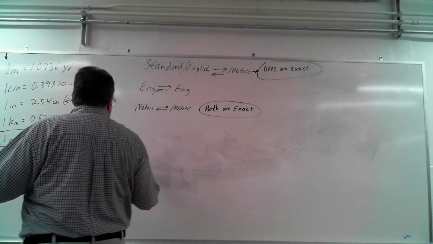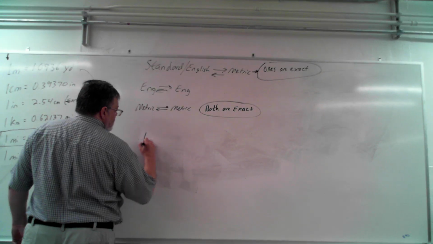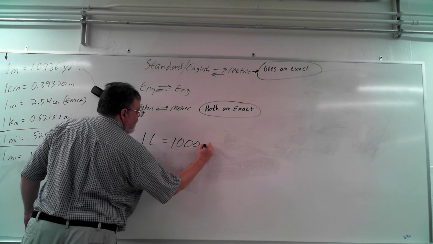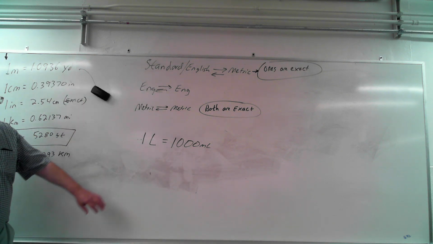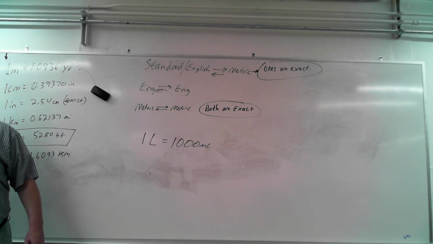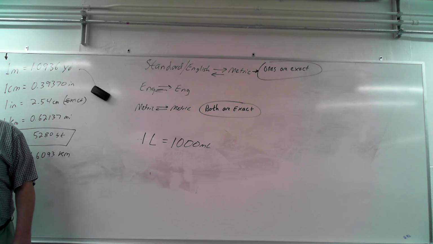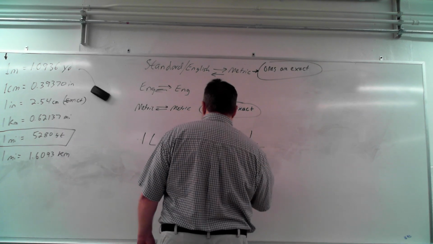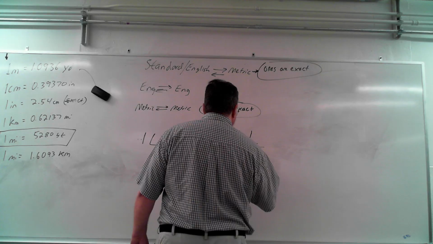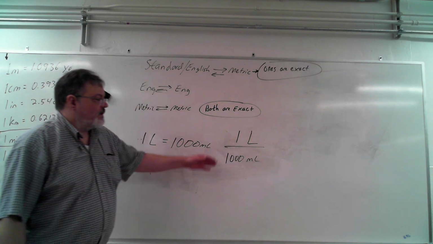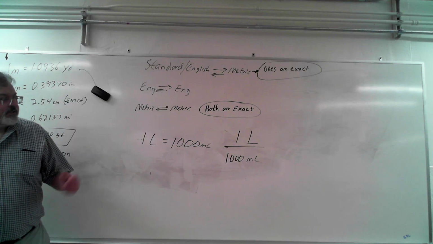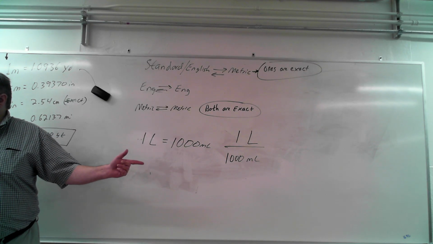So using an equality, 1 liter is 1,000 milliliters. If I wrote it this way, which is the way you'll write it to do math, you've got a 1 and a 1,000. Both of those are exact.